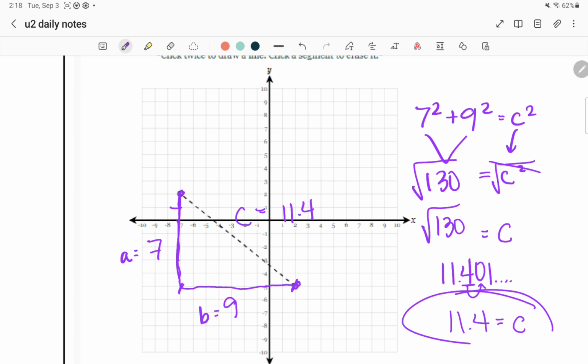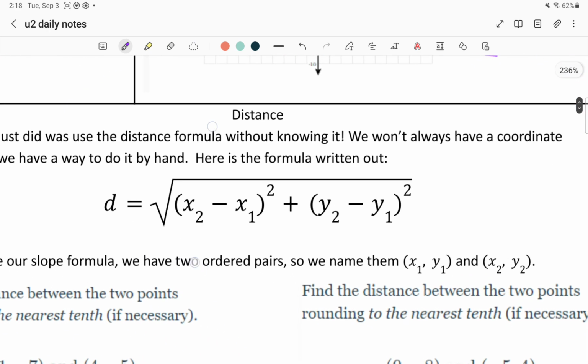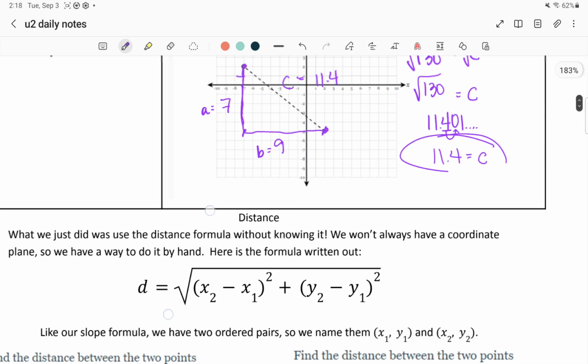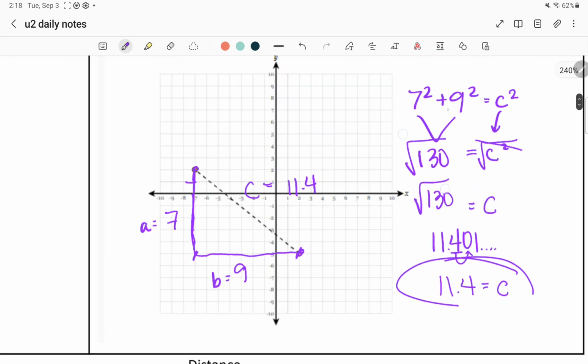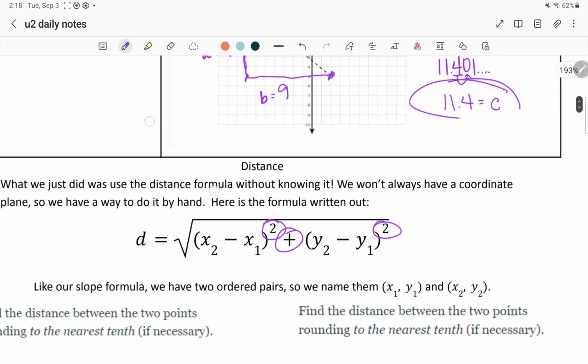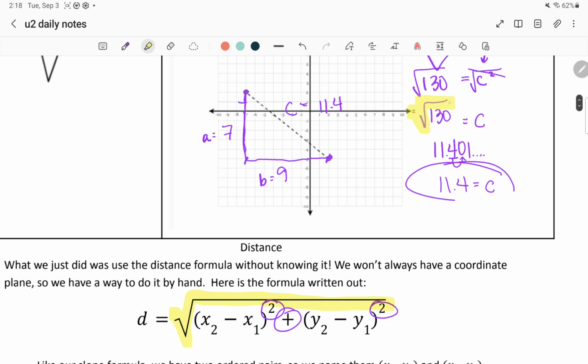This exact same concept is put into this formula. So just to notice some similarities, notice I've got some squares and a plus sign. And when I'm done with all of everything inside, I have to square root everything.